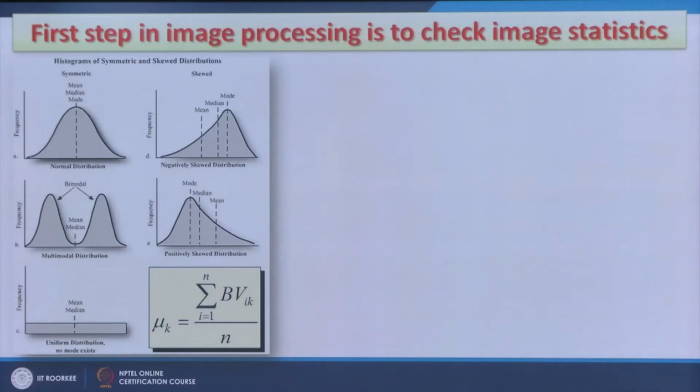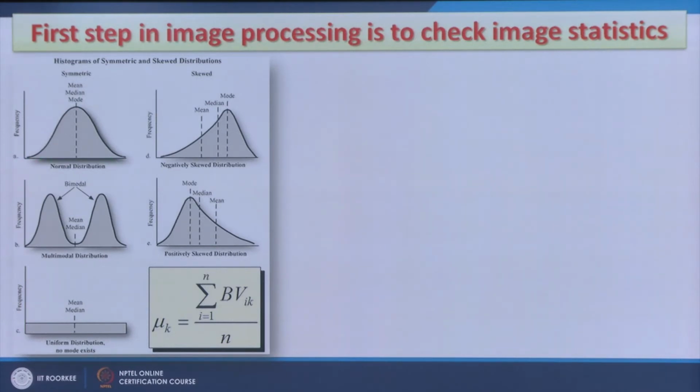So if I see here the histogram, which is nothing but the pixel values here, suppose it is 8 bits, 0 to 255, and I have frequency, that is a typical histogram.